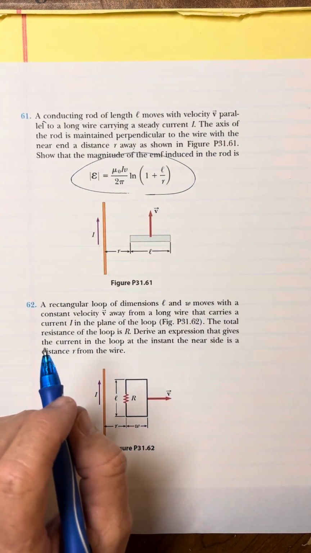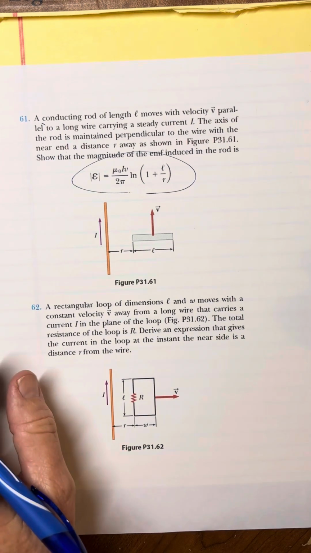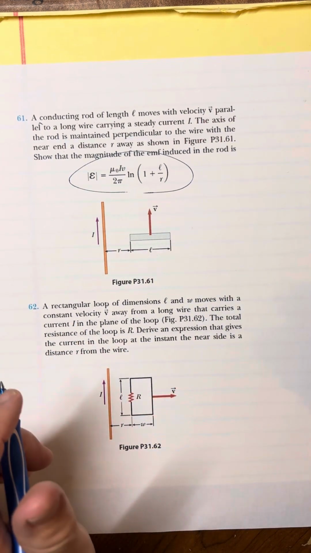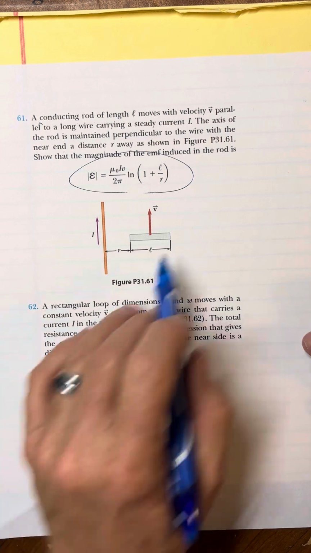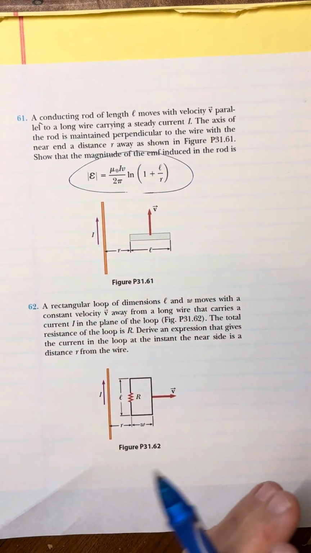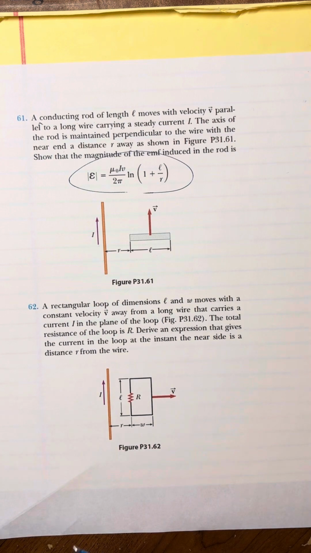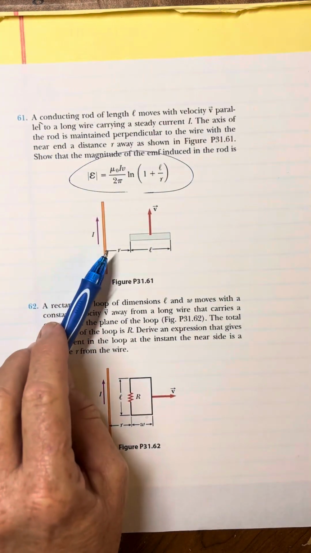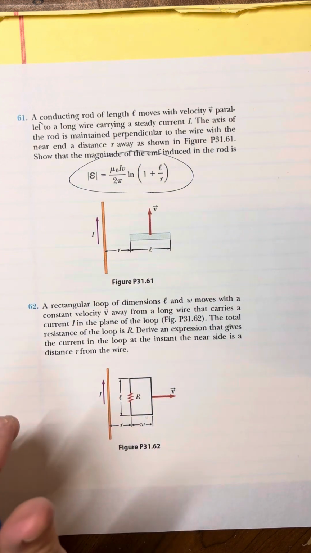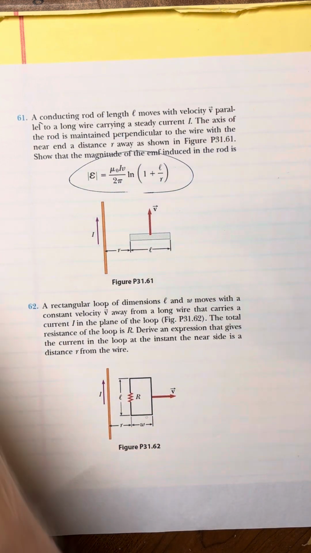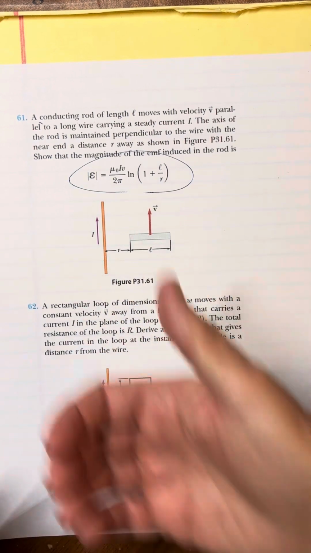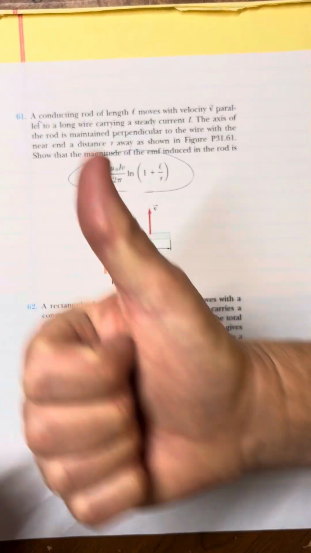Here, we don't necessarily have the quote-unquote rectangle, but our field is also not uniform because we are next to a wire which is making the field. And actually, maybe that is part of the challenge here, is to recognize we do have a metal bar that's moving in a magnetic field. They don't show it as simply as in this picture, but you would have to then go back to chapter 30 here and say, okay, let's do right-hand rule number 2 and say, okay, I'm going to grab this wire with my right hand and my thumb's going to be in the direction of the current.